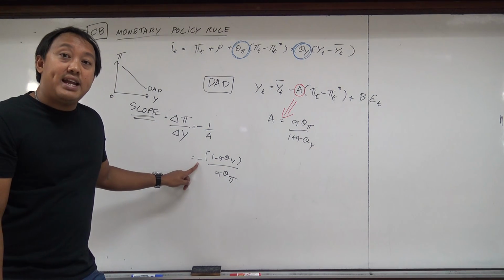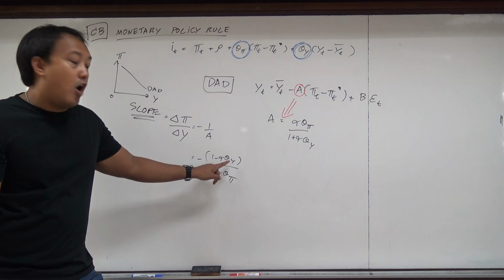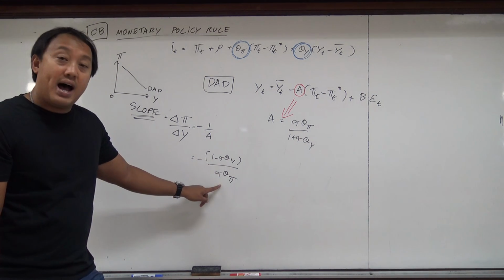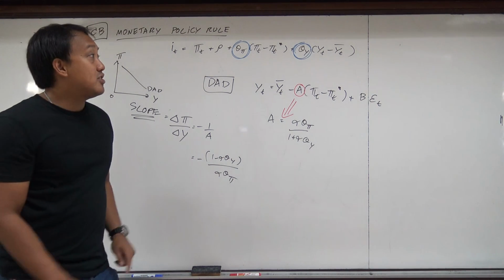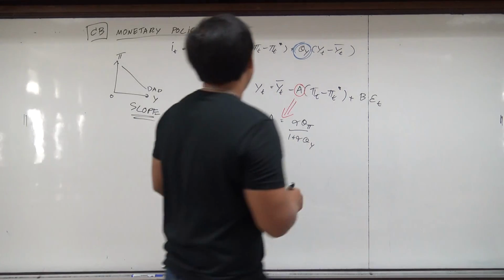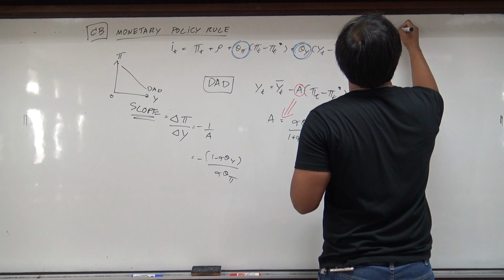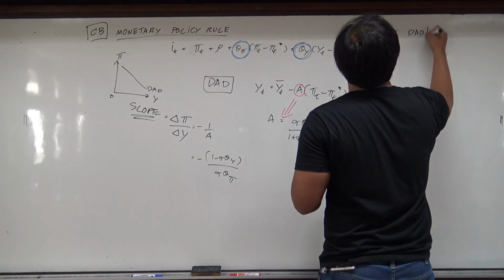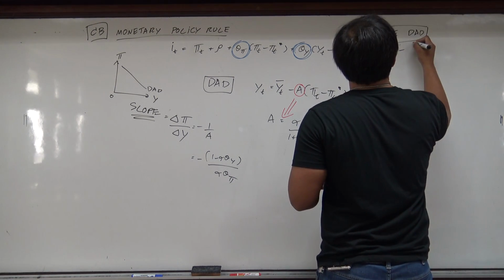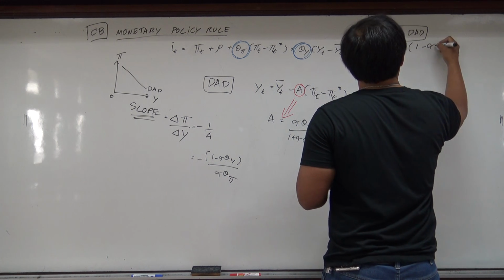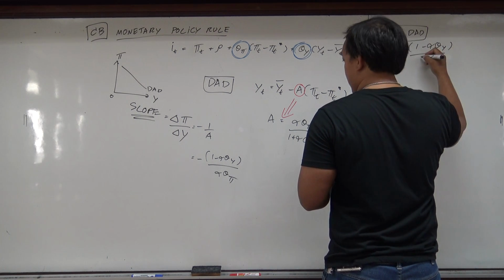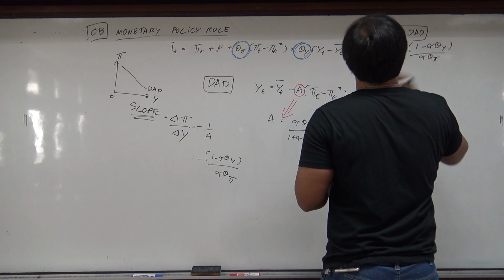And the slope of the AD curve is going to be high or low depending on theta y and theta pi. So let me write down a note over here. The slope of the AD equals minus (1 plus alpha theta y) over alpha theta pi.